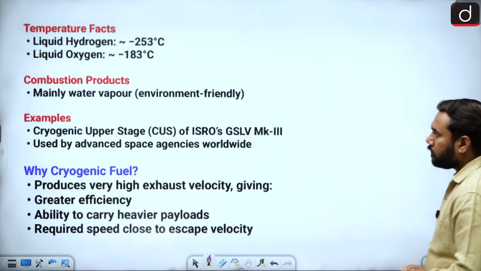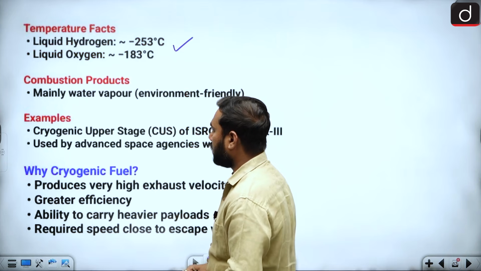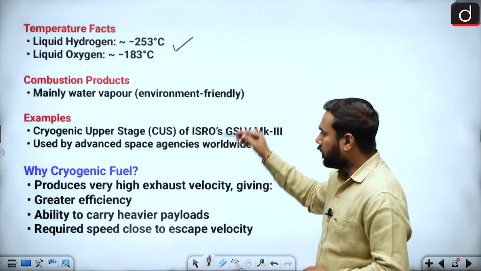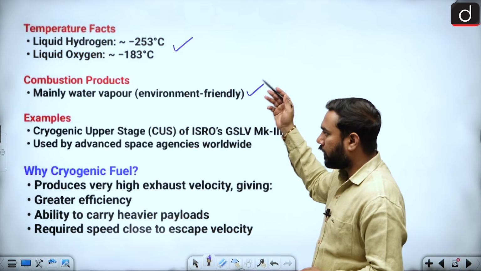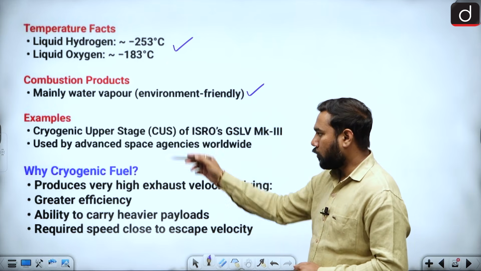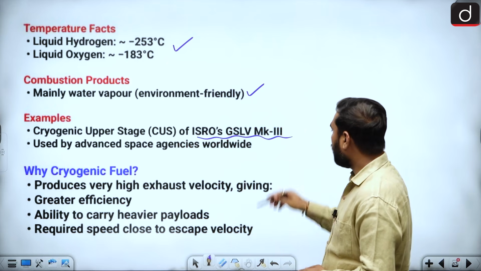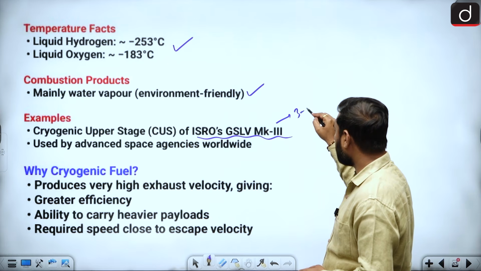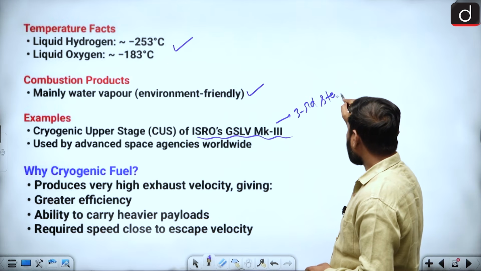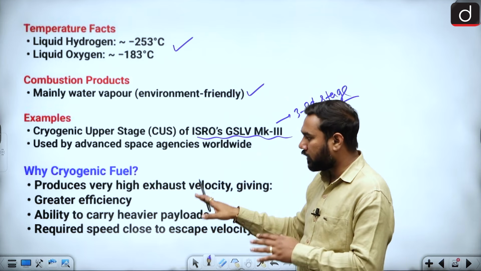Next, temperatures minus 253 and minus 183, we know it. Mainly water vapors are produced, so it is environment friendly, because it cannot produce any kind of bad thing. The cryogenic upper stage is in ISRO's GSLV Mark III, or maybe we can say the third stage, upper stage or third stage. But why do we need the cryogenic fuel?